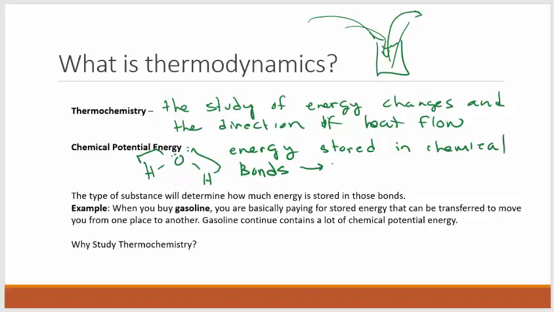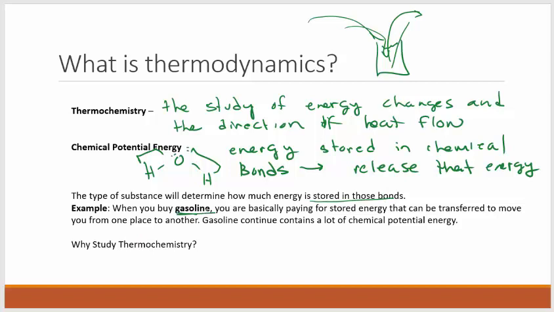What we want to figure out is how to release that energy. That's the whole idea. Take some things, mix them together. Does it release energy or does it require energy?